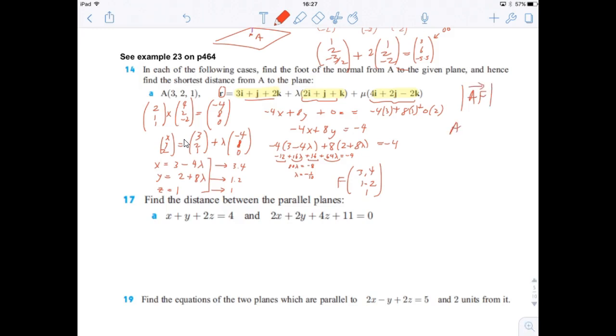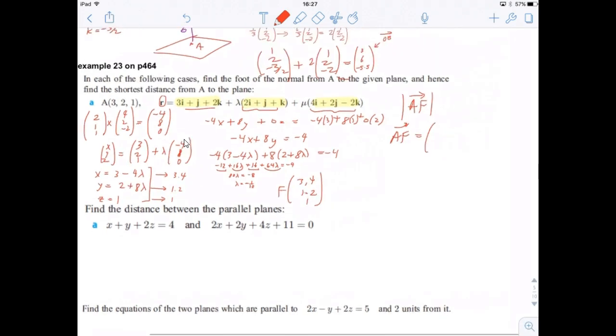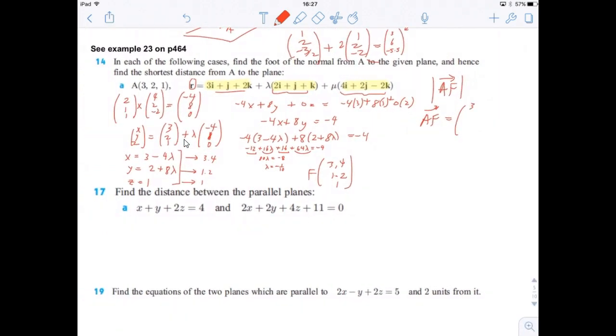So first we're going to find the vector A to the foot, which is going to be 3, 2, 1, and we're going to subtract 3.4, we're going to subtract 1.2, and we're going to subtract 1. And that will give us negative 0.4, it'll give us 0.8, and it'll give us 0.